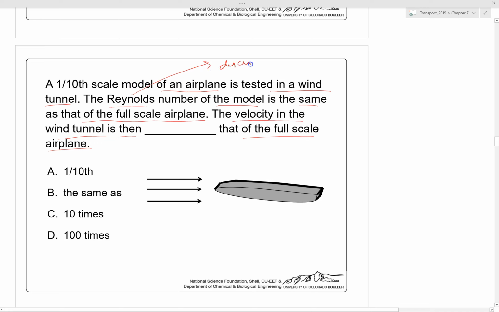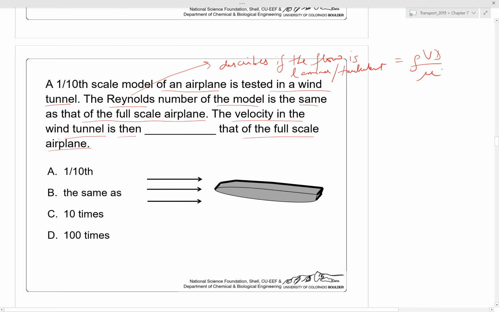It basically describes if the flow is laminar or turbulent, given by rho v d over mu, right?